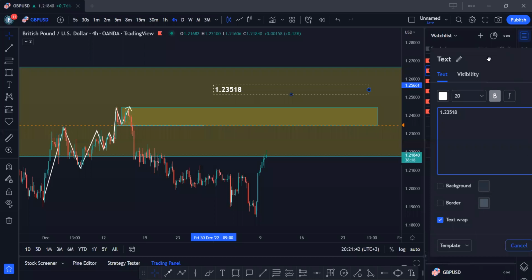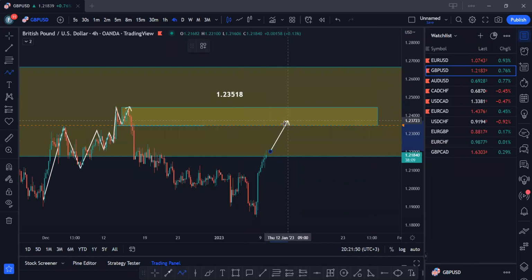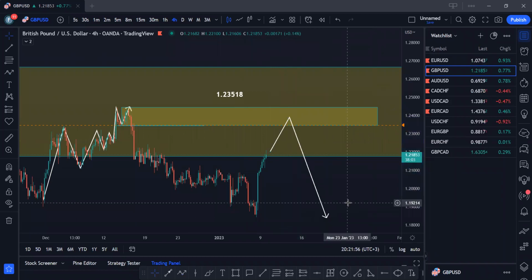So you want to set your alerts there and wait for price to enter that zone here. So when price gets a bit more momentum and comes into this zone, you want to look for sells in this zone.